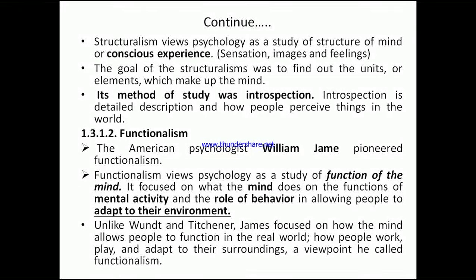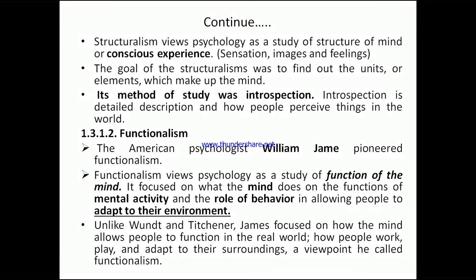This perspective tries to explain how we sense, what kinds of images are formed, and how we feel about what we see or what's going on in the environment, which can determine our behavior. So the goal of structuralism is to find out the units or elements which make up the mind. According to structuralists, sensations, images, and feelings are the units that make up the mind. How can they study behavior? The methodology here is introspection.